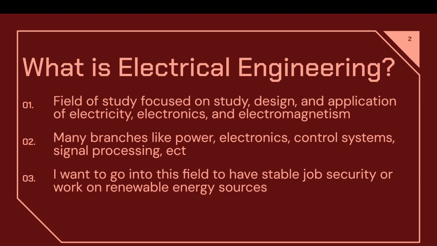Each of these areas focuses on a different aspect of electricity and electronics, but they all share a common goal: to understand and control electrical energy to improve our lives.